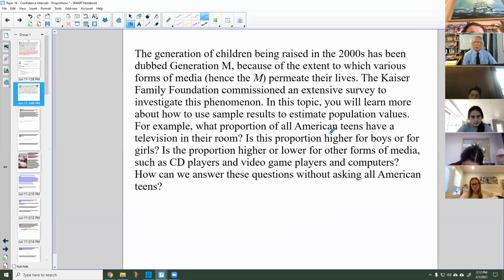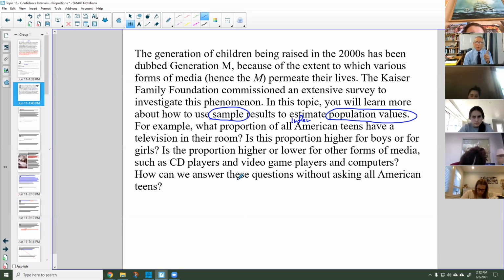So we're going to learn how to use sample results to estimate or infer population values. Because most of the time there's no way we can get a value for a population. Populations are too big.